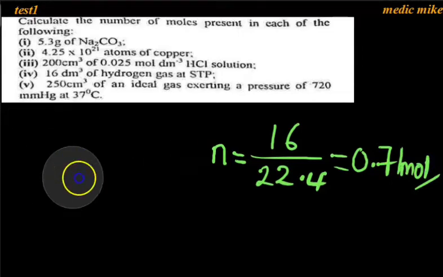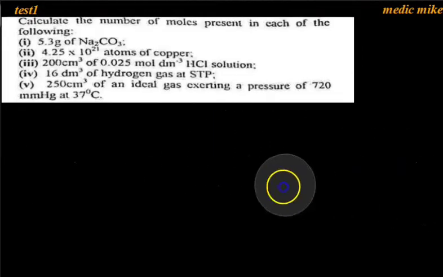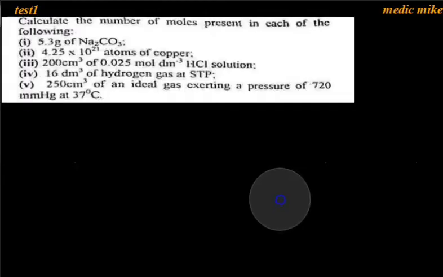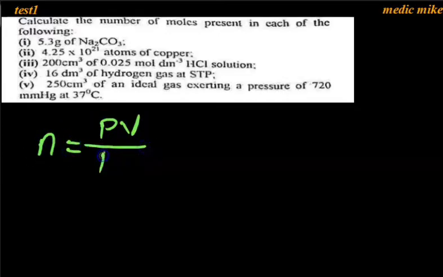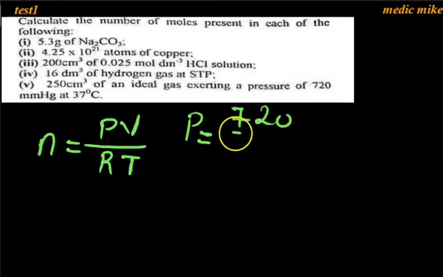Now example 5 is to find the mole of an ideal gas. The mole of an ideal gas, n, equals PV over RT. Where P must be in atm, and our P in the question is in millimeter mercury. To convert to atm, it will be 720 divided by 760, which is our standard pressure.